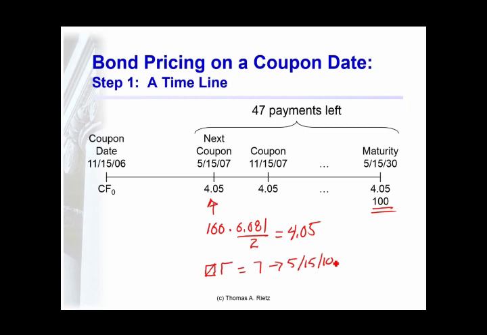Now after that, we have to get from 2010 to 2030. That means there are 20 years to go, and there's 2 payments per year.